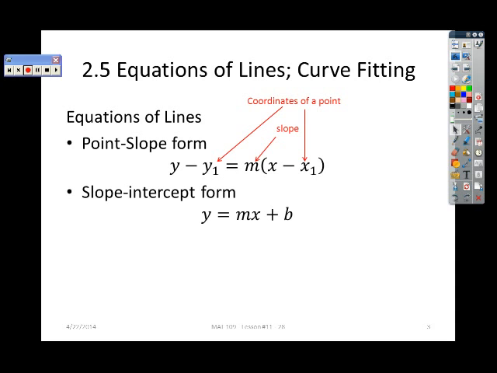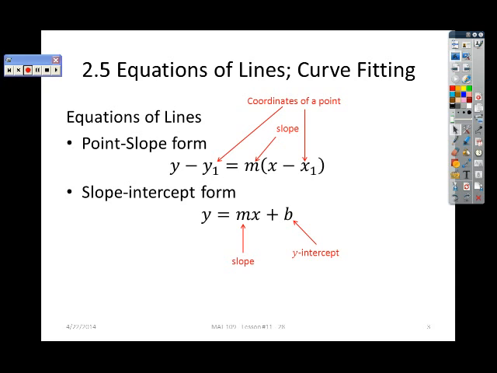The slope-intercept form looks like this: y equals mx plus b. m is the slope, just like above, the same number. But in this case, the letter b represents the y-intercept.